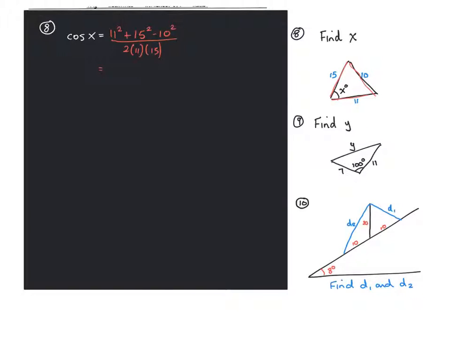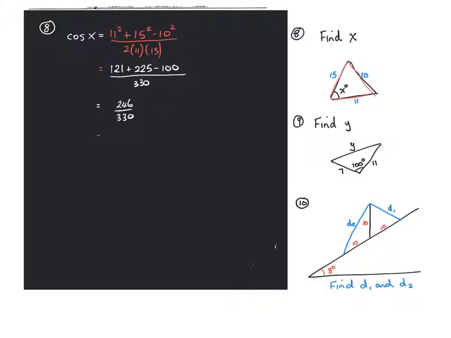and that will equal 121 plus 225 minus 100 all over 15 times 2 is 30, so 330 I think it is, yeah. So we've got 121 plus 225 is 346 minus 100, 246 over 330.